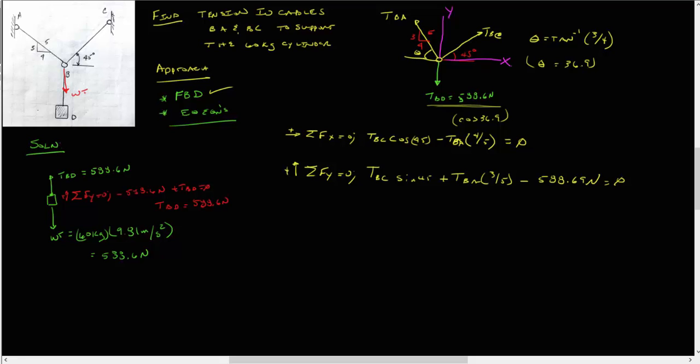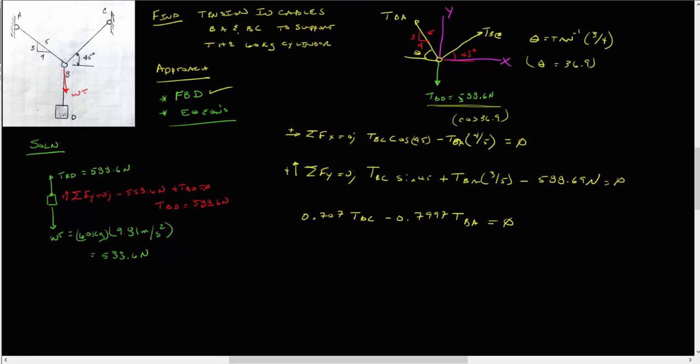So if I were to write this out, my forces in the x, I would get 0.707 TBC minus 0.7997 TBA is equal to 0.